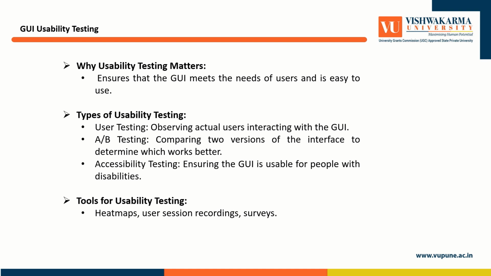A/B testing: comparing two versions of the interface to determine which works better. Accessibility testing ensures the GUI is usable for people with disabilities. Tools for usability: heat maps, user session recordings, surveys.